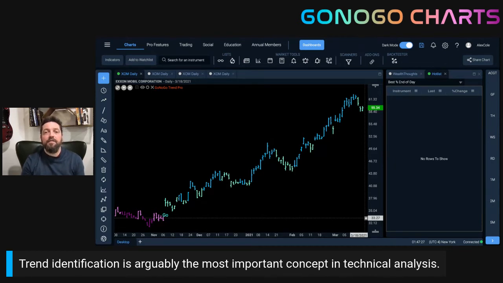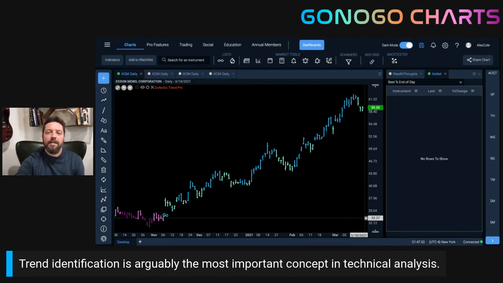And then it becomes hard to find those important levels of supply and demand, or those key areas of support and resistance. So the GoNoGo Trend indicator that you see now blends objective statistical measurements together with the foundational principles of technical analysis to color the price action of any security according to the strength of its trend.